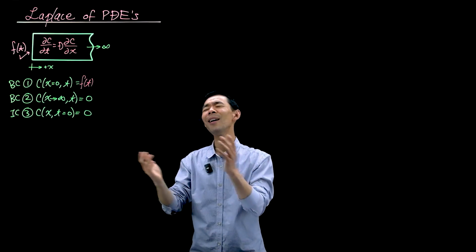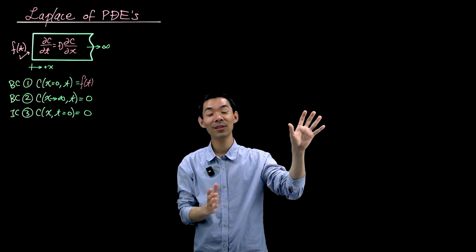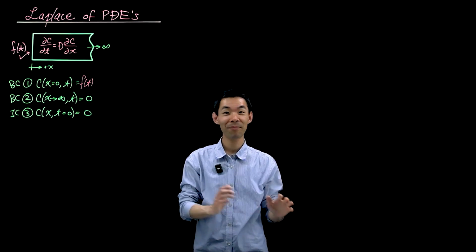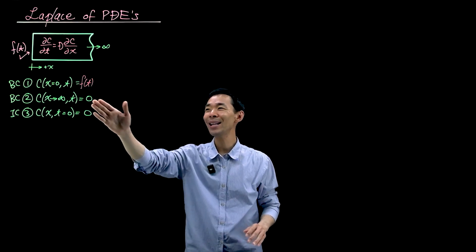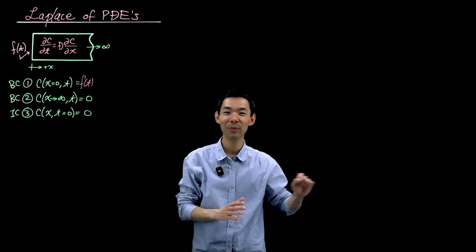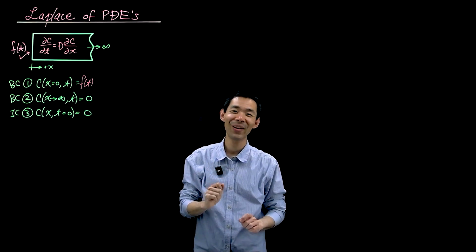Similar to a long time ago when we were solving ODEs, and I said if the non-homogeneous term is weird, Laplace transform is a very good technique for solving it. Same thing here. If the right-hand side f of t is a really weird function, like a Dirac delta function with a pulse, the Laplace transform technique ends up becoming really, really effective.